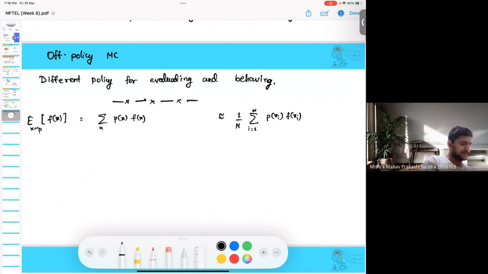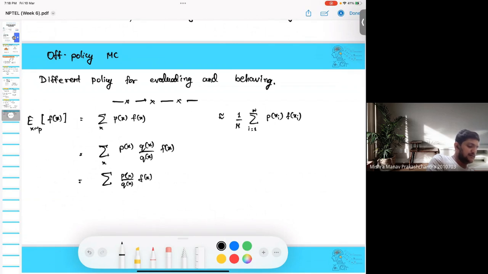So what I can do in this case is simply add an extra term. I multiply and divide by that, and I write it like this.